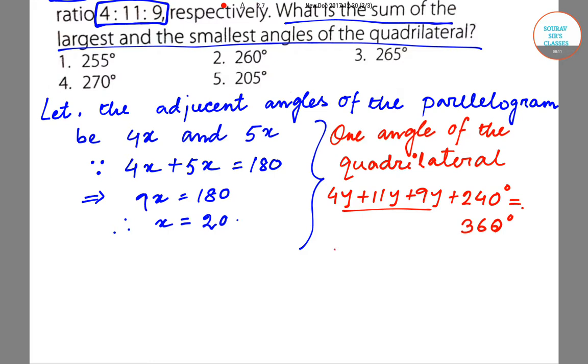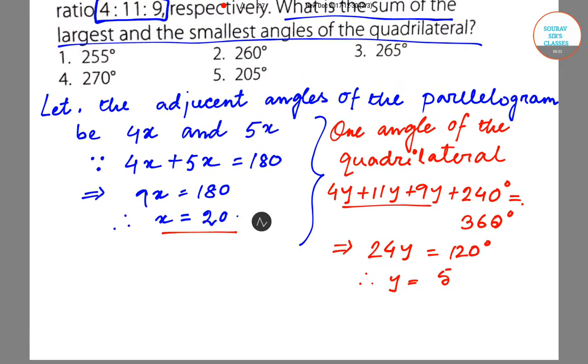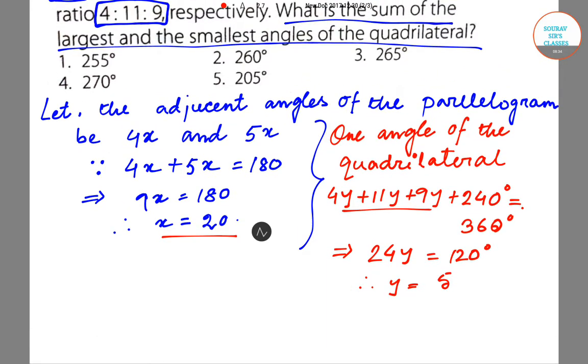Now from this we can write 24y is equals to 120 degree. Again from this we can write y is equals to 5. So we get the value of x and we get the value of y. Hence the sum of the largest and the smallest angles of the quadrilateral.